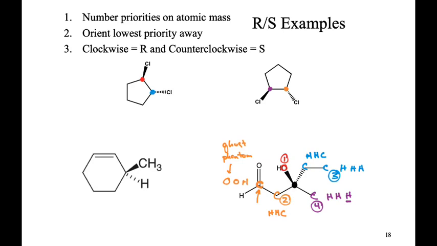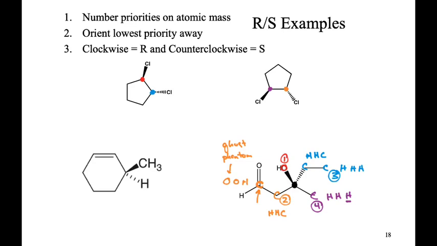If we now evaluate or connect, this one becomes challenging because to assign this, where does our lowest priority have to be aimed? Away from us. And right now our lowest priority is aimed in the plane. Okay, so that's not aimed away from us.